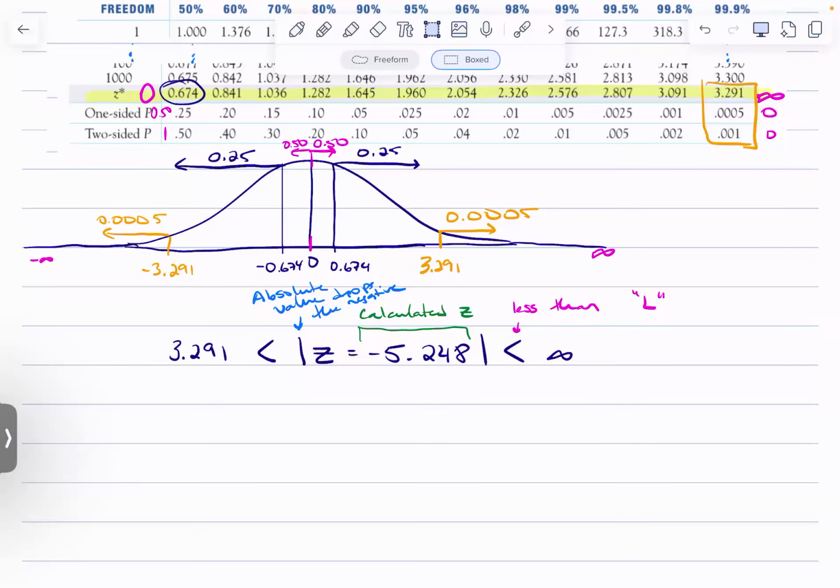So now, my next line, right? If Z is somewhere between 3.291 and infinity, then that's going to translate into a p-value, my one-sided or my two-sided p-value.